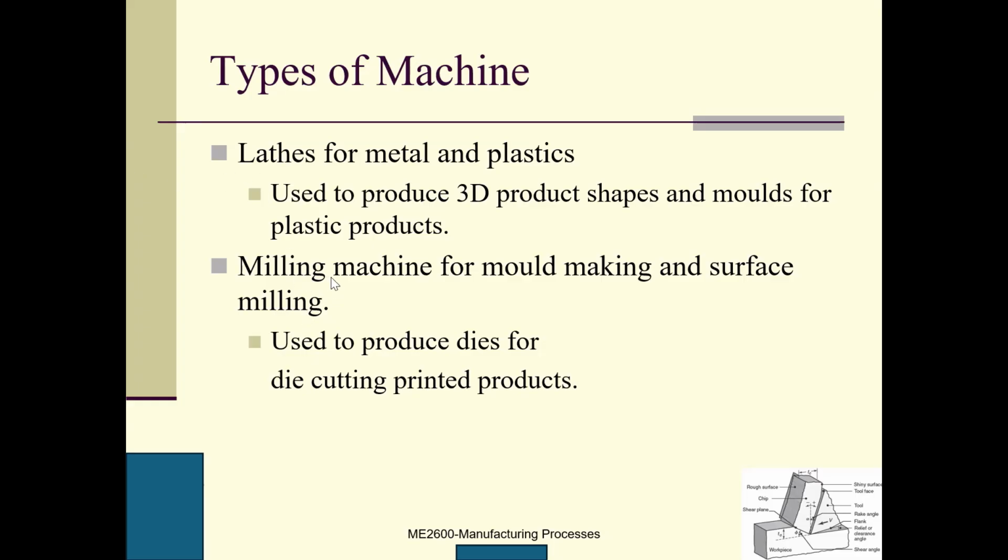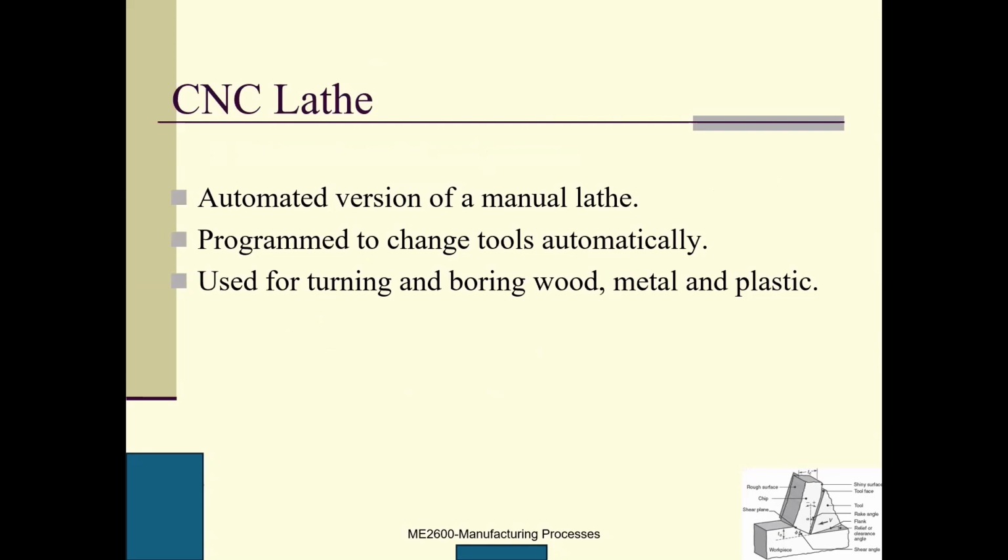Milling is more important, in my opinion. It can produce more complex and more versatile features. We have CNC lathes here. We have a CNC machining center, which is the most expensive one. At the same time, we have several CNC lathes and also several CNC milling machines in the audio hall.